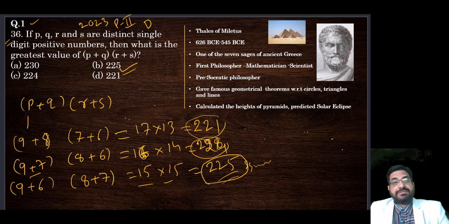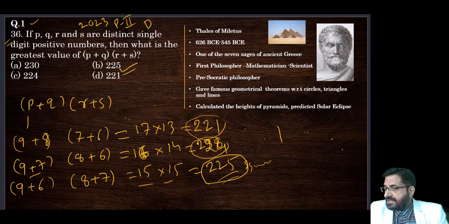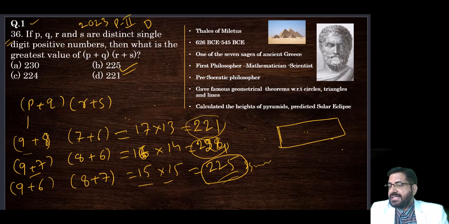See the beauty of this. If that farmer had planned his fence in a rectangular shape, considering these, the total perimeter is what? 30. 9 plus 8 plus 7 plus 6, that is 17 plus 7, 24 plus 6 is 30. 30 is the perimeter.